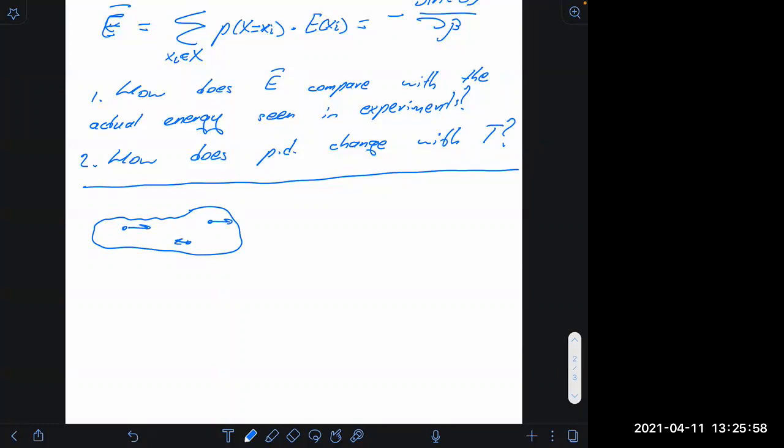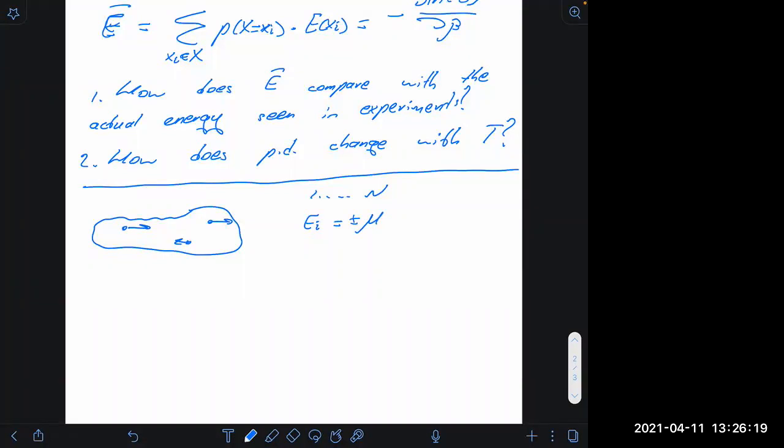Okay, so we have n particles, and let's say, I'm running into notation problems here, but let's say E sub i is the energy of a particular particle. Then E sub i is just plus or minus mu, depending on which way it's facing. We have a very simple system here.